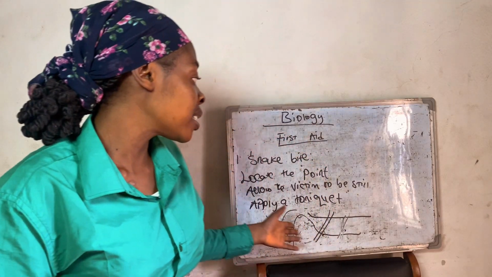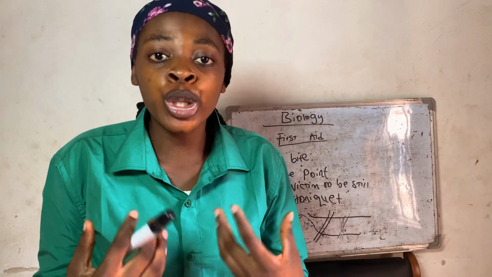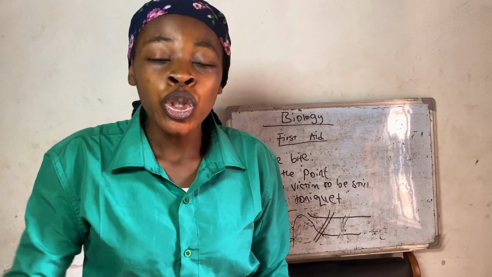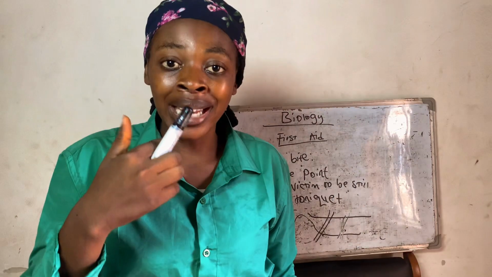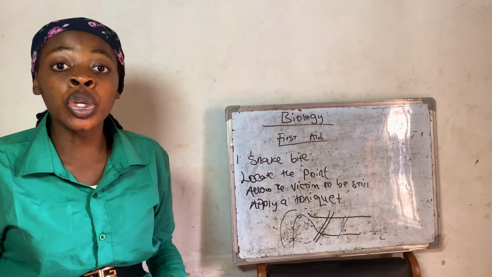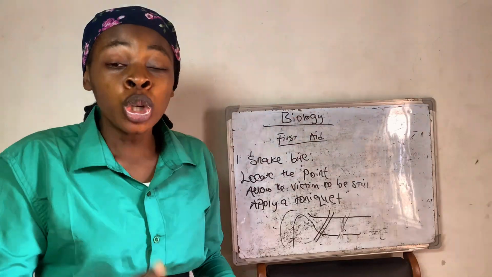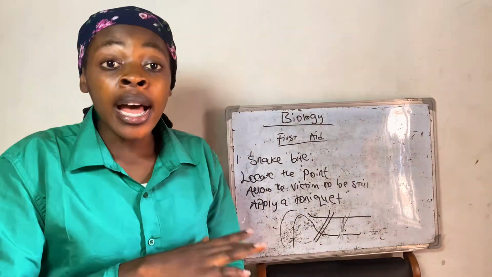Once you cut it open, the next thing you do is to start sucking the venom out of the blood, either with your mouth. Note, someone that has a sore or a wound in their mouth is not advised to suck out this venom, because the venom will pass through that wound in your mouth into your blood and affect you.